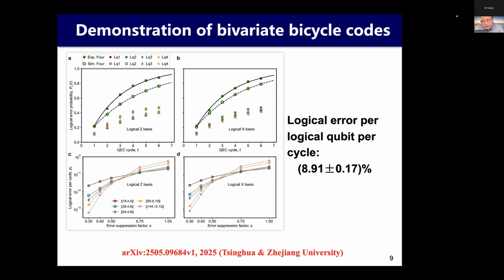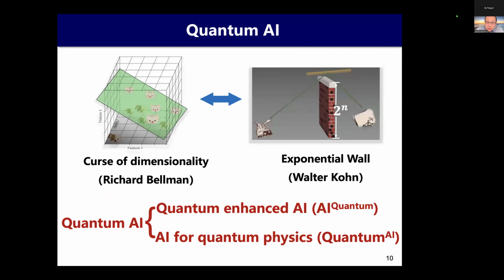I look forward to the discussion, and it would be great if we can have some collaborations on this. Our group mainly focuses on quantum artificial intelligence, so-called quantum AI.